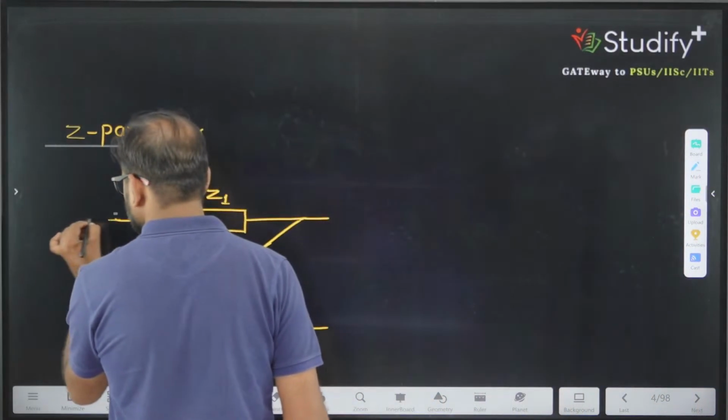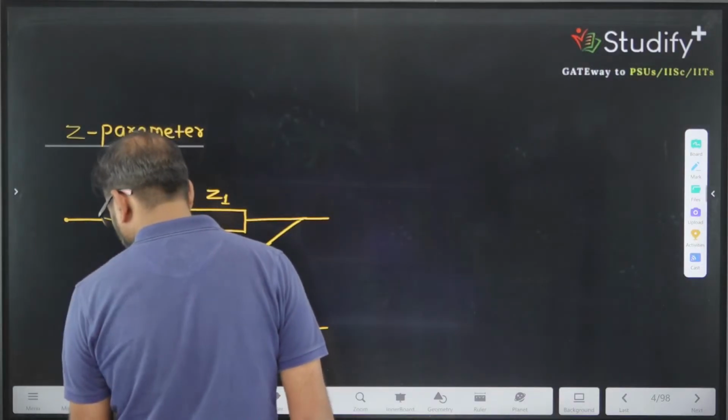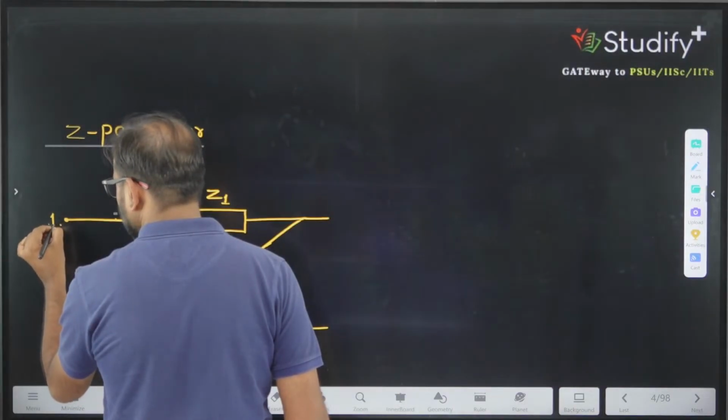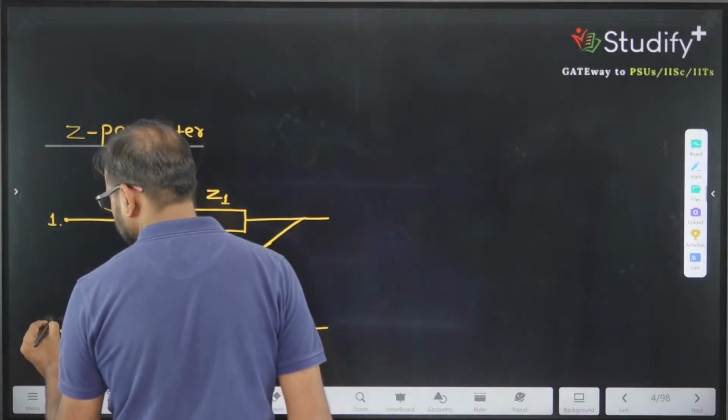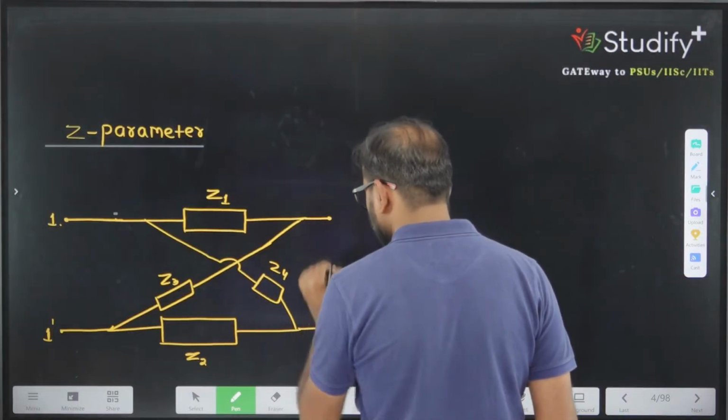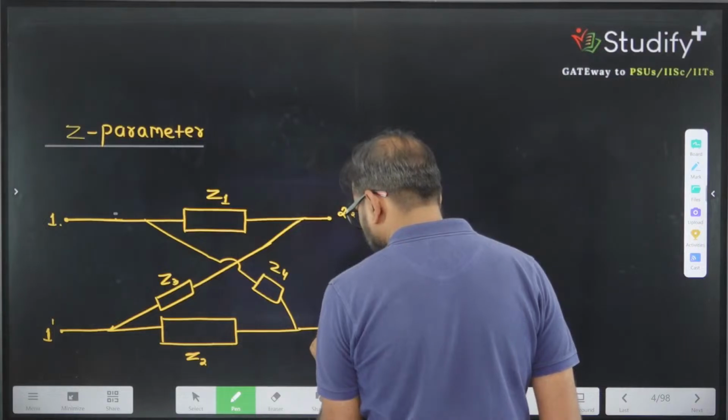Let's say this is your first port and I am calling this terminal as 1, this terminal as 1 dash, and here we are having another port with terminals 2 and 2 dash.